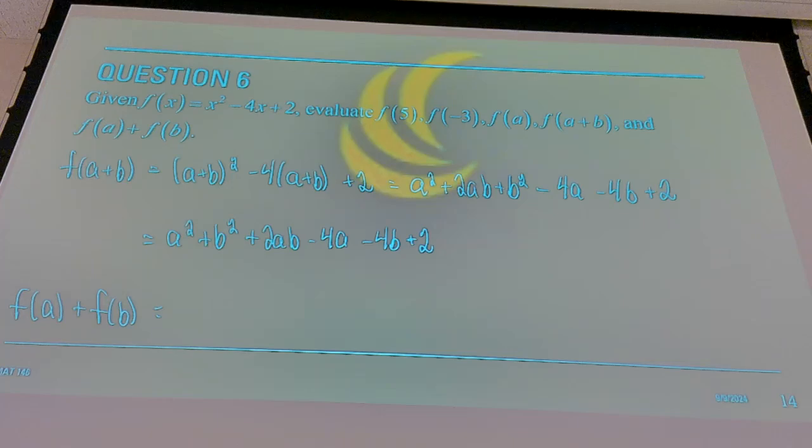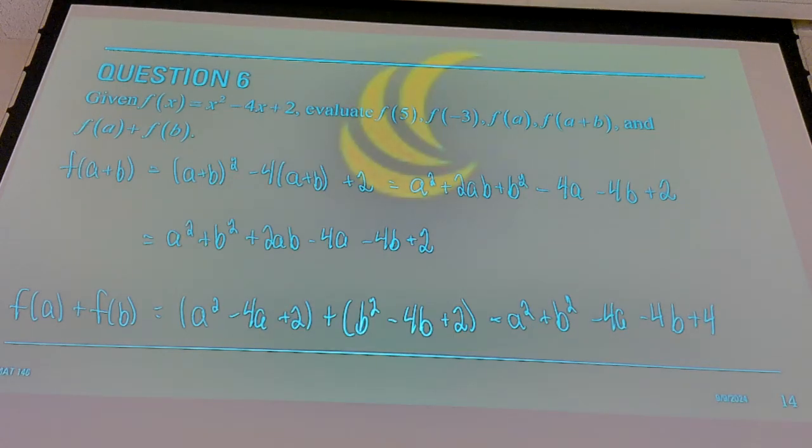So what about f of A plus f of B? Simplified, it would be that, right? Subtract 4A, subtract 4B plus 4.